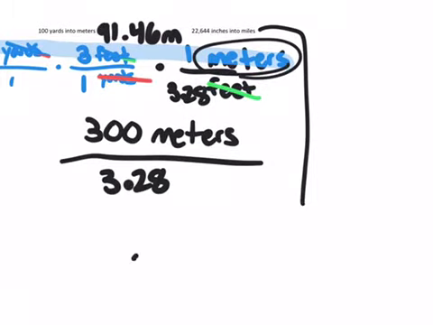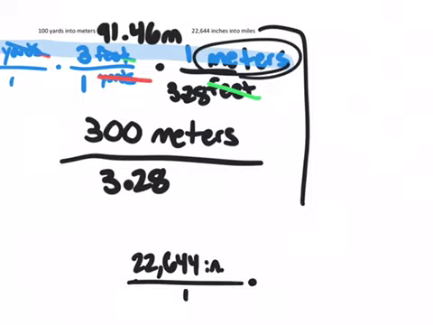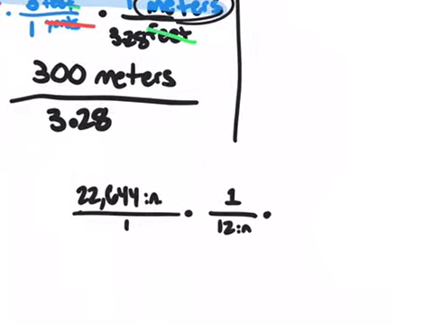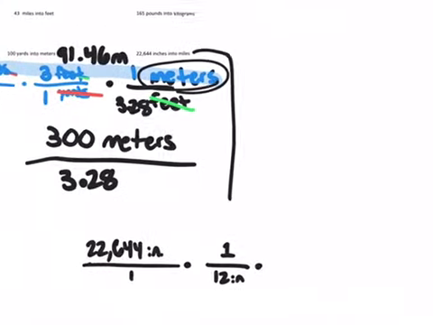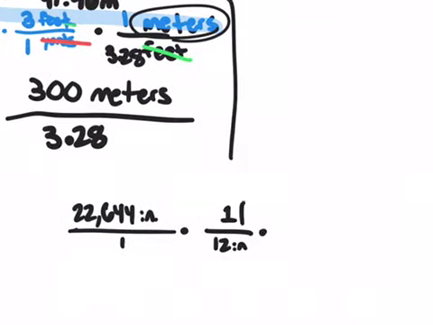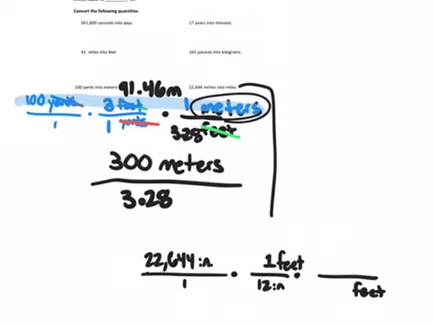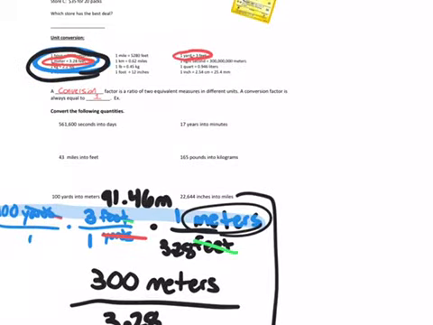So I have 22,644 inches over 1. I want to get that into feet, where there are 12 inches in 1 foot. Then I can bring in the unit that I ultimately want to end with, which is miles. So I need feet in the denominator here, and I'm going to use my conversion factor.